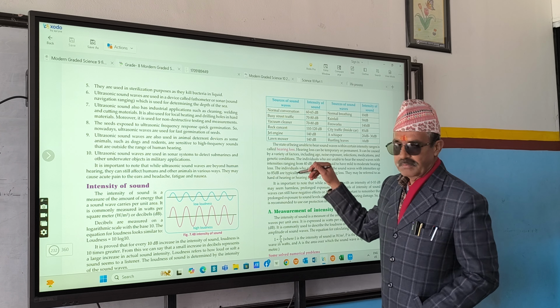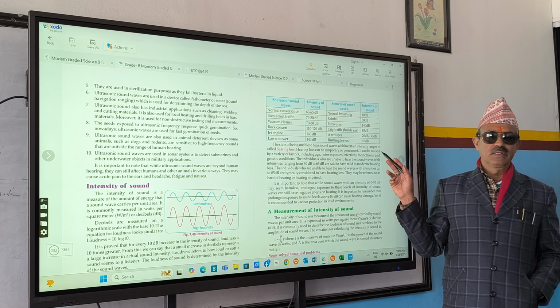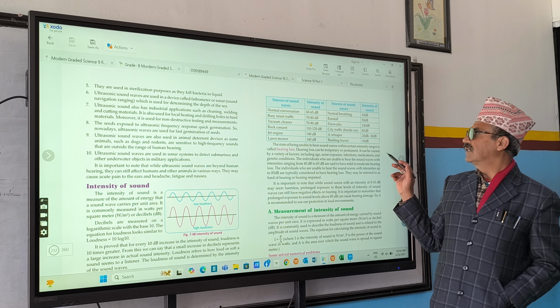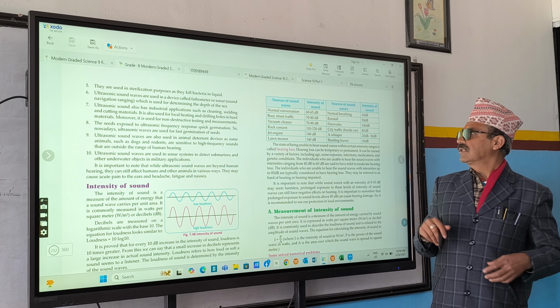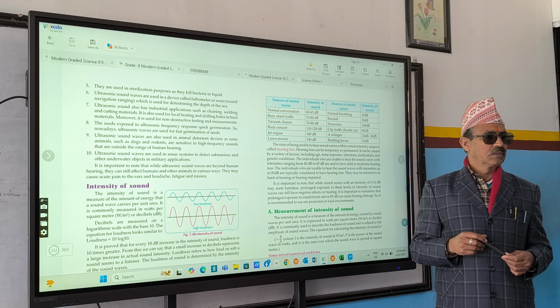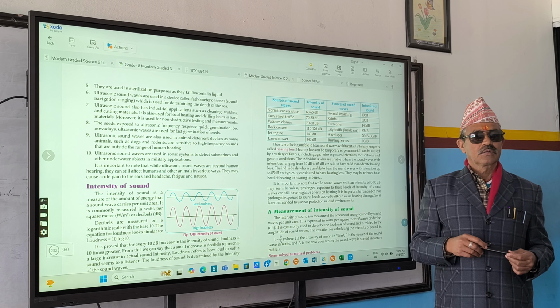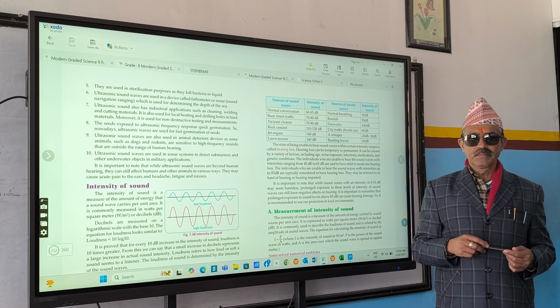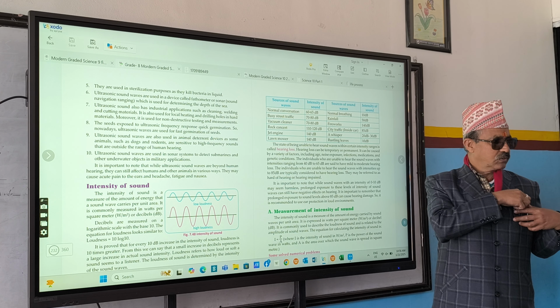From here you can do any 5, 6, 7. So in a table, the intensity of sound of different sources. Done? Okay, these are the two types of work.